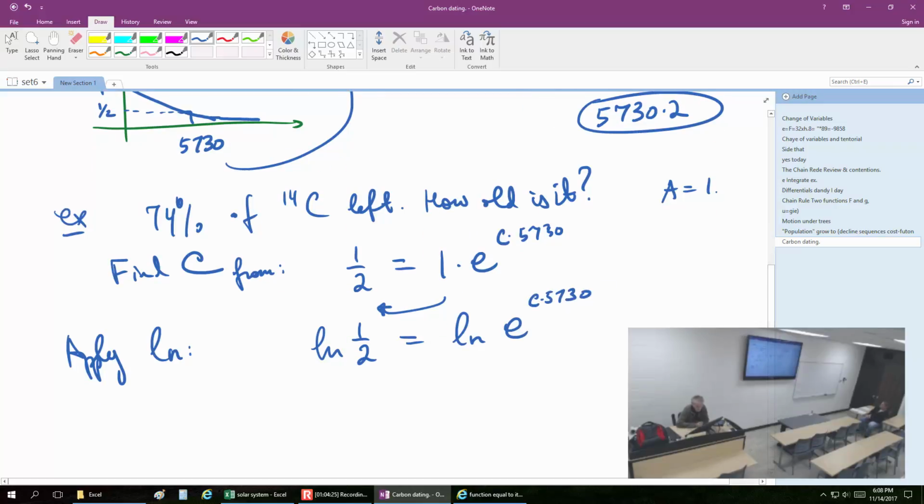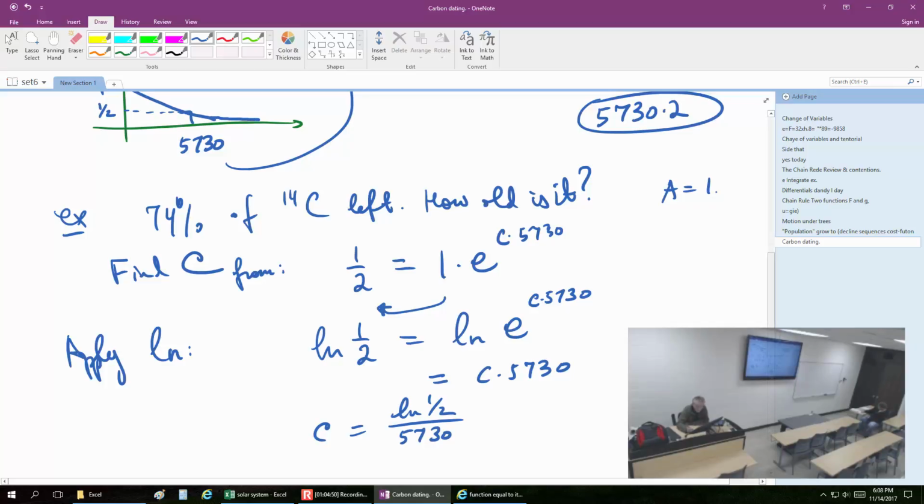Then what happens on the right? We can simplify it. The log and the e cancel out. So what's left? C times 5730. Then C is equal to ln 1/2 divided by 5730, to be computed with a calculator.